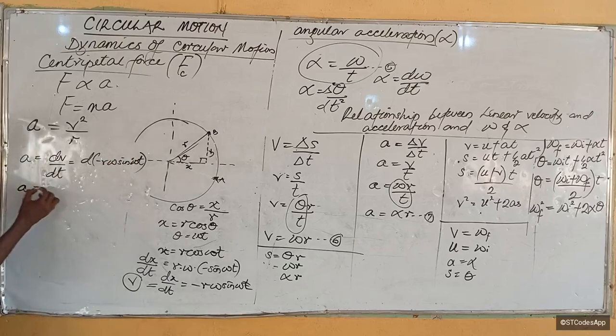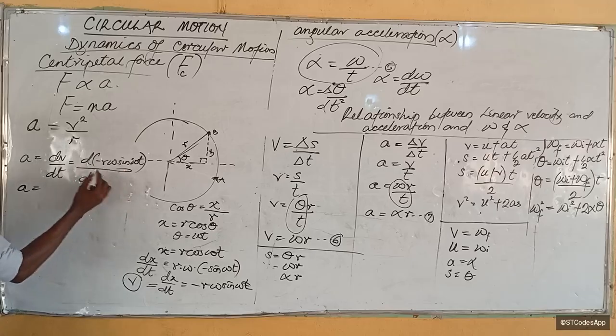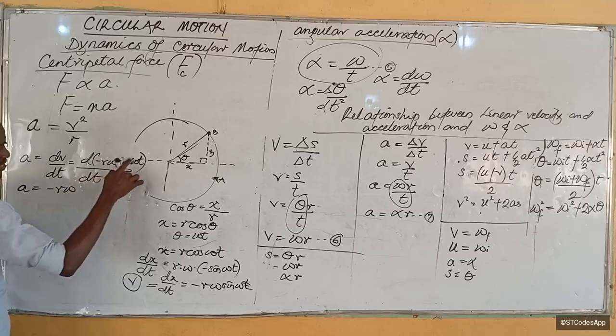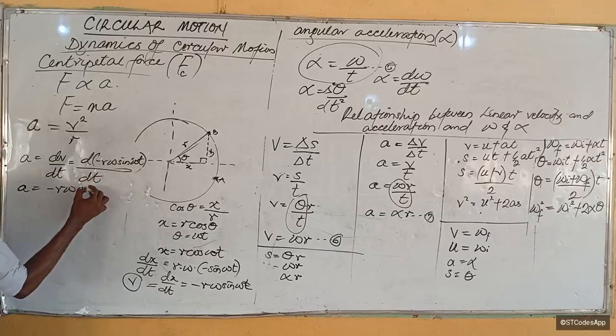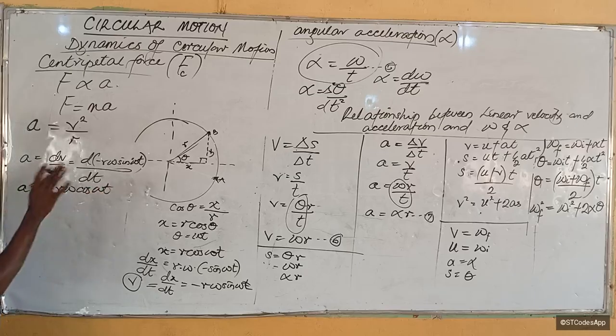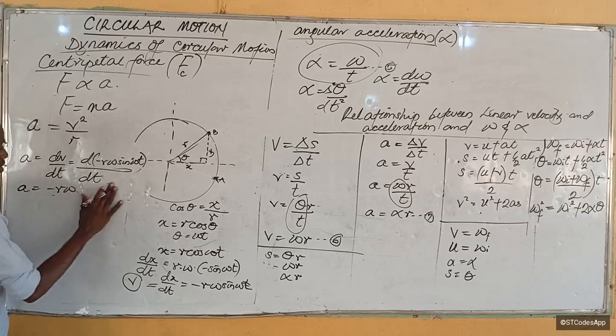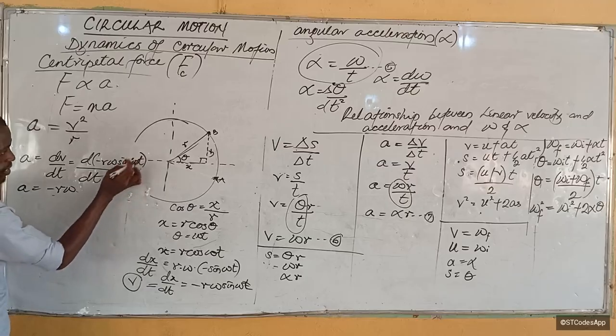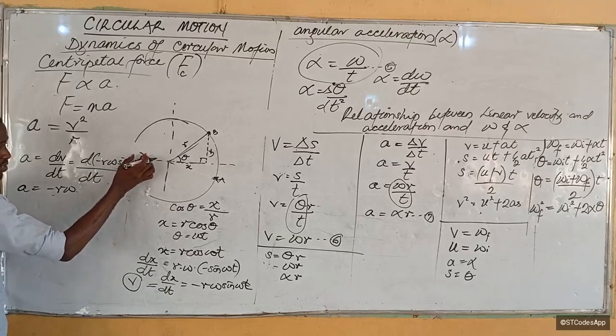So acceleration therefore becomes dv dt. So we have minus r omega. The derivative of sine of something is cosine of that thing. Cosine omega t. Yes, like that. Differentiate this place first, the function in front.